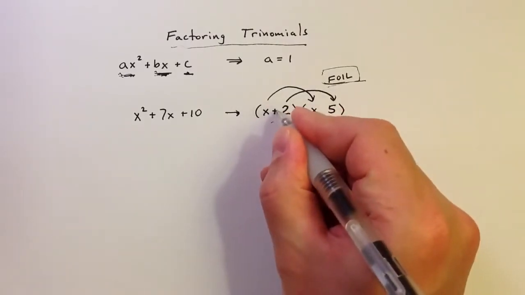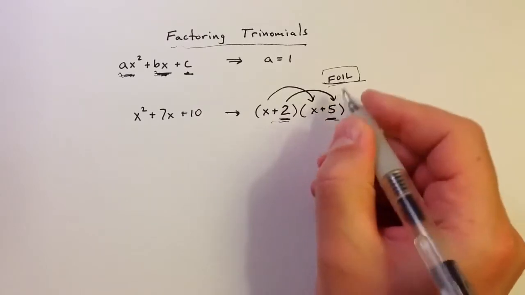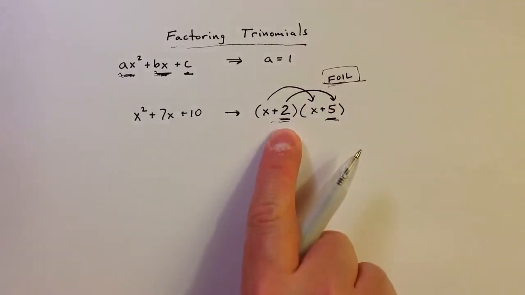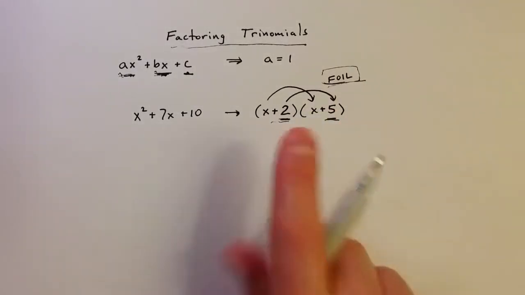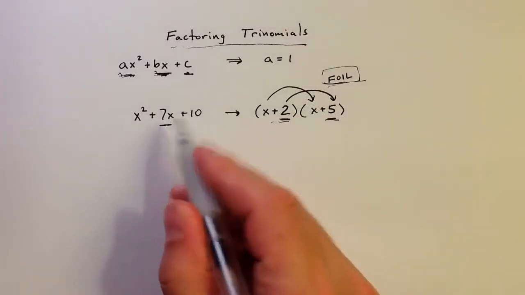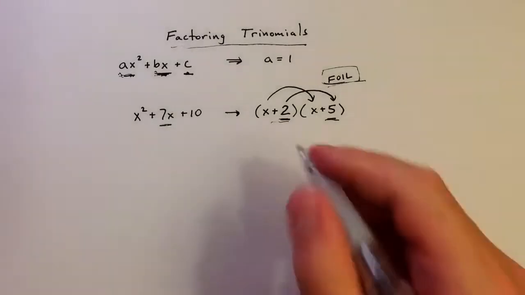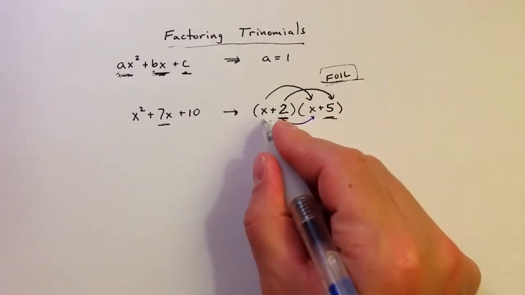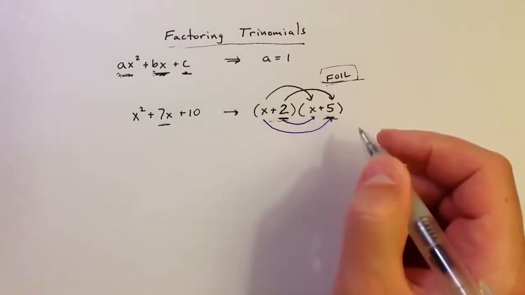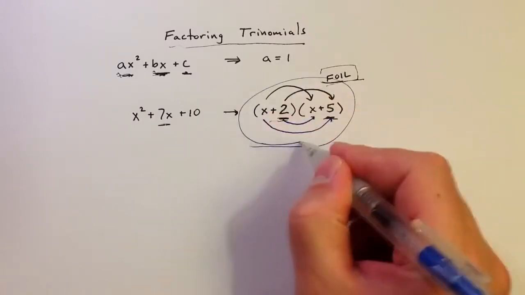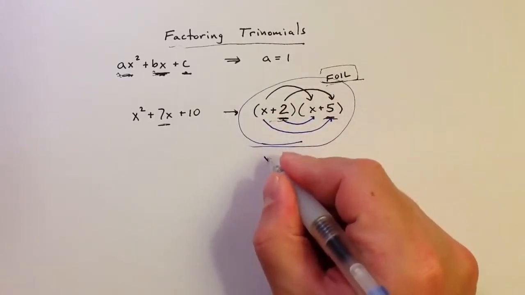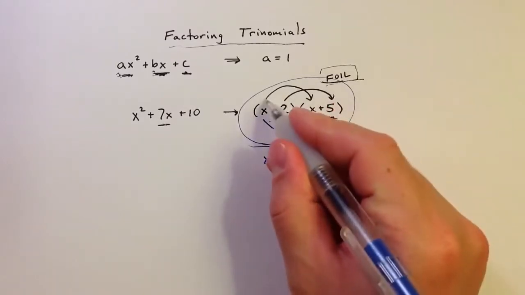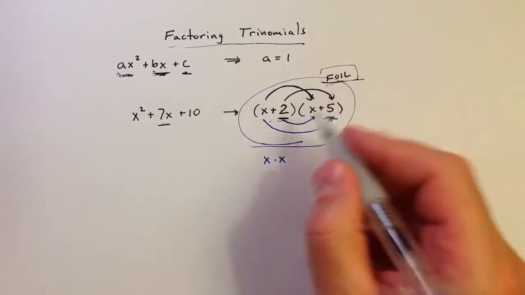Positive 2 and positive 5. And in fact, those are exactly the numbers that we need. Because to get 7x in the middle, I'm going to take the 2 times x and the x times 5. So if you think about the foiling process, what we would get would be x times x from the first two terms.